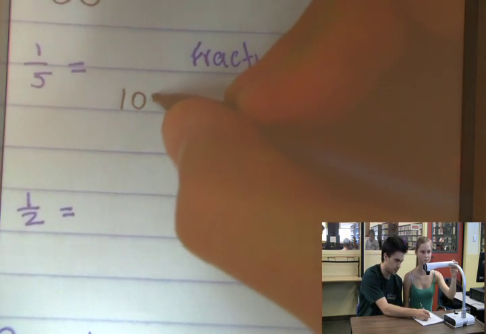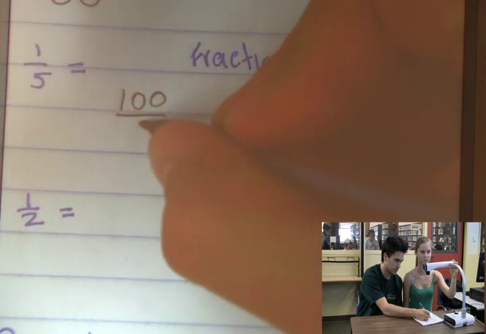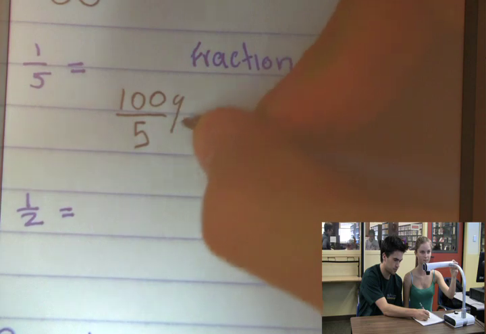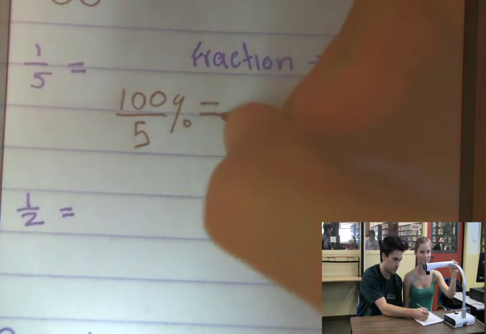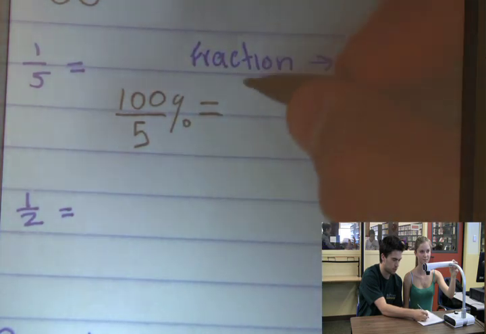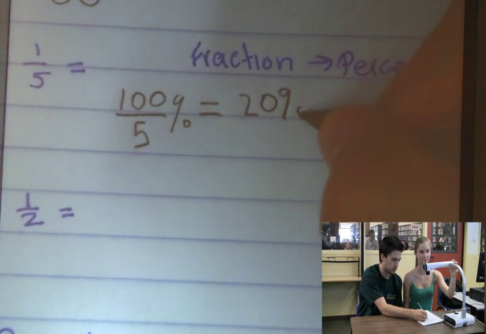So we'd get 100 over 5%, which you can reduce to 5 goes into 100 20 times, so you get 20%.